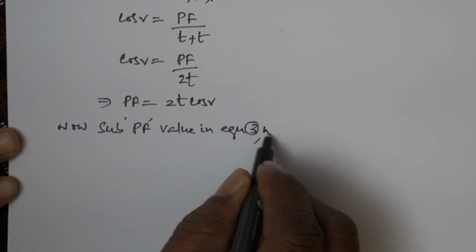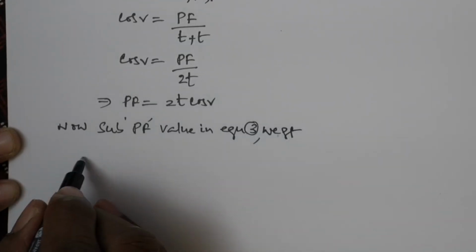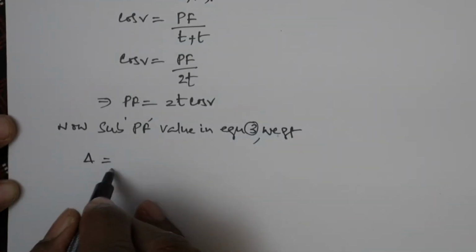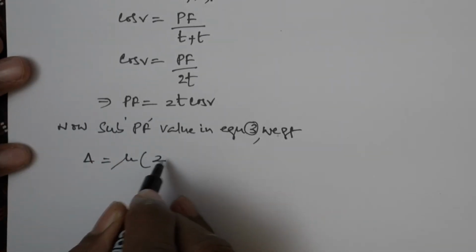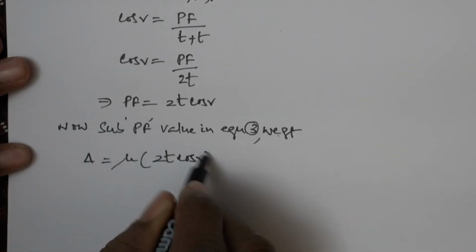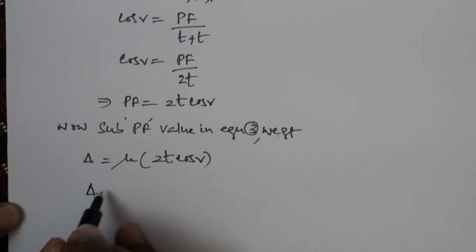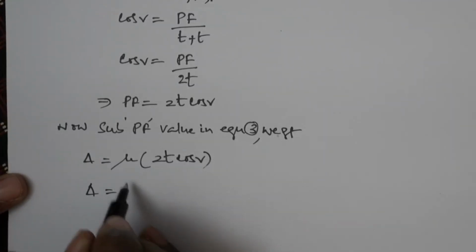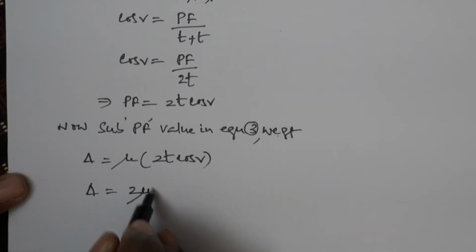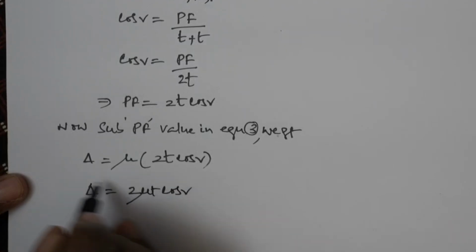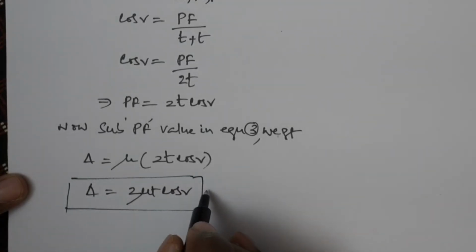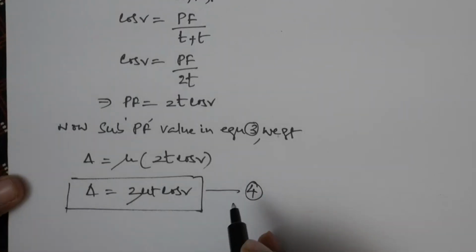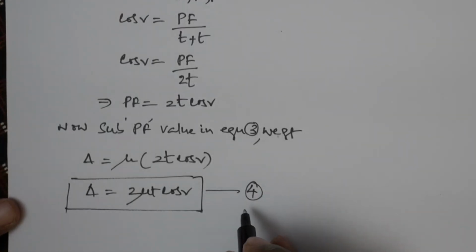We get delta is equal to mu into, in place of PF, what should I put? 2T cos R. Therefore delta is equal to, since this is all a product, I rearrange it as 2 mu T cos R. I can consider this as the optical path difference between the two reflected light rays. I am giving it a number, equation 4.